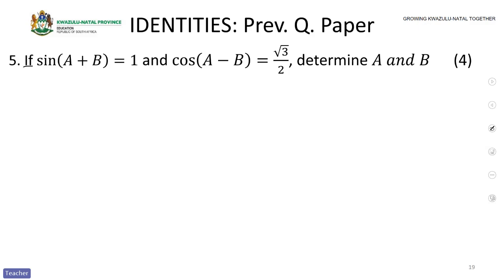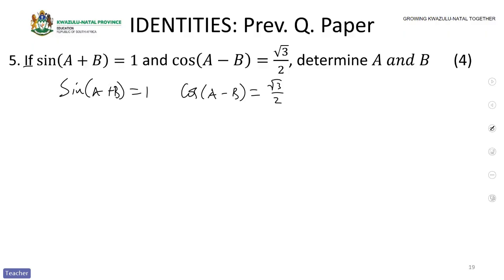And then the other one. If it's a condition, if sin of a plus b equals 1, and cos of a minus b equals the square root of 3 over 2. I want to believe that in this case, a is greater than b.